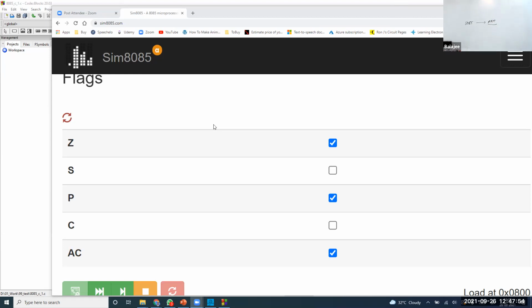If you understand one microprocessor thoroughly, it will be 8085, the easiest. If you do repetitive instructions like move immediate A, move A comma B, this becomes so easy.